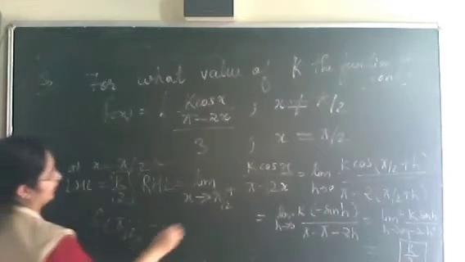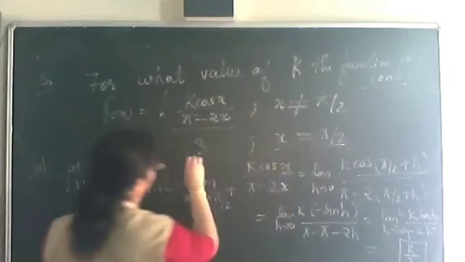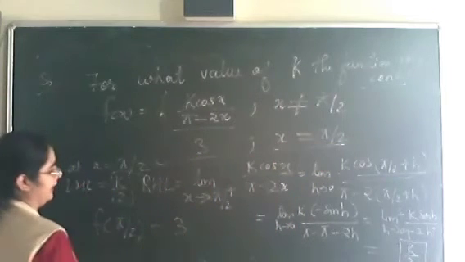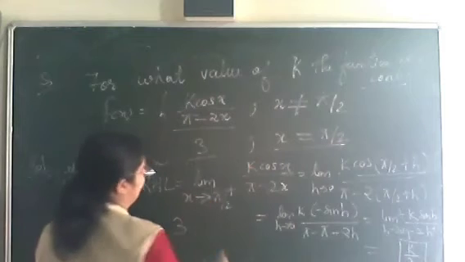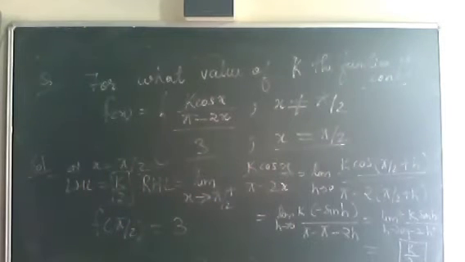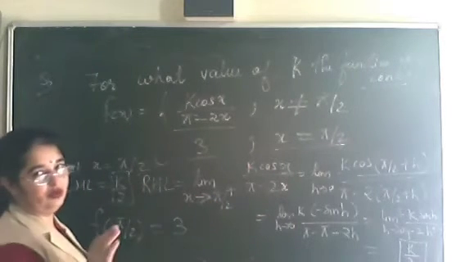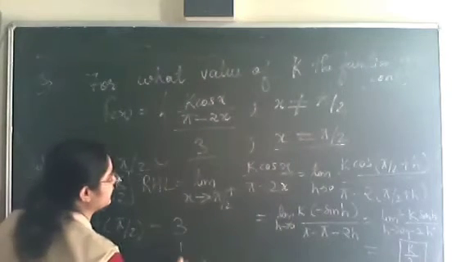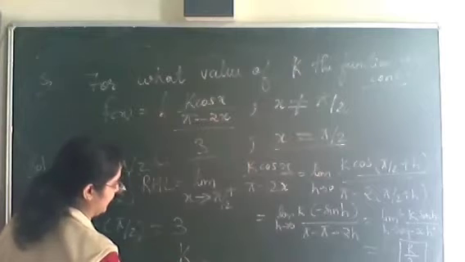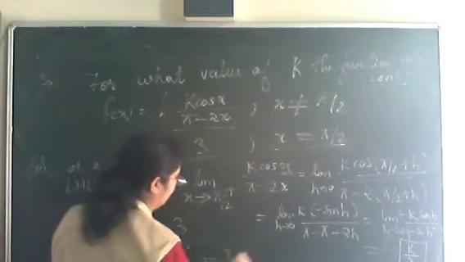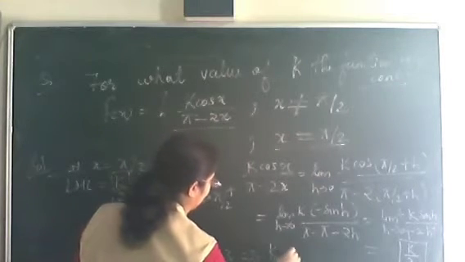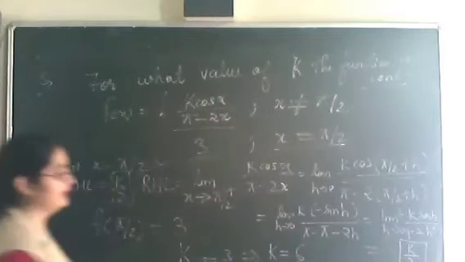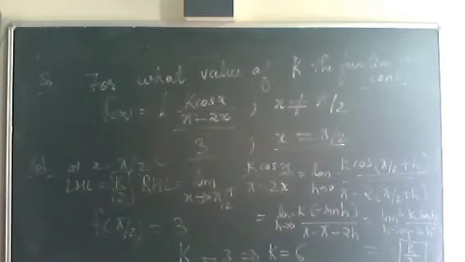At x equal to pi by 2, the value of function is 3. Now can you equate this? As the function is continuous, we know the condition that LHL equals RHL equals the value of function. So we can write k by 2, which is LHL or RHL, equal to 3. This implies k is equal to 6.